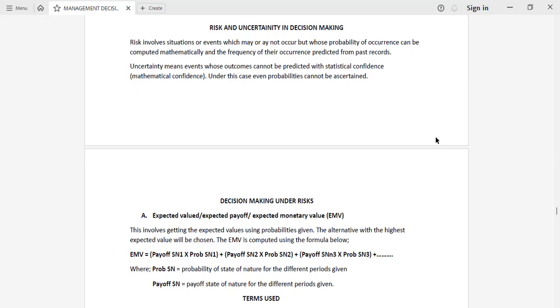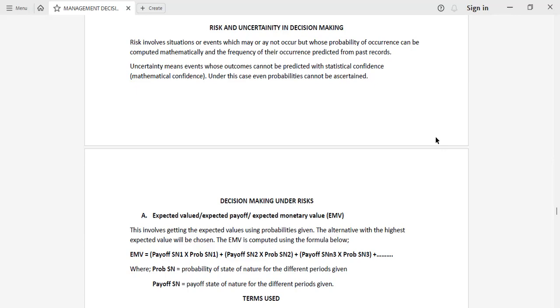So we are saying that risk involves situations or events which may or may not occur, but whose probability of occurrence can be computed mathematically. And the frequency of their occurrence is predicted from the past events or the past records.